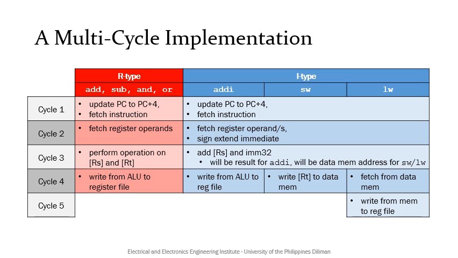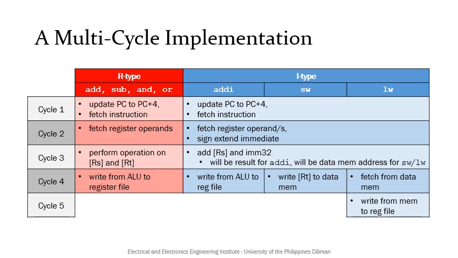Now, let's say we add support to store word and load word instructions by following the steps as displayed. The first 3 cycles for load word and store word are actually identical to that of add I. In the third clock cycle, the sum of RS and the immediate will be saved to ALU reg. However, its eventual role or use is different: add I uses the sum as the final result, while store word and load word use the sum as the address for data mem.